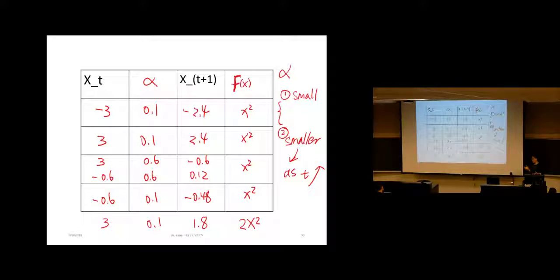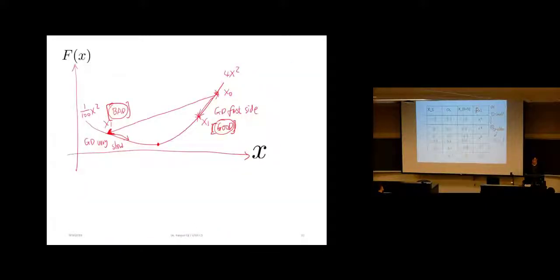The other strategy is you start with a big learning rate, and you gradually decrease it. So as t increases, your learning rate decreases. But there's no uniform solution. It's about the properties of your functions, and this is a hyperparameter to tune.